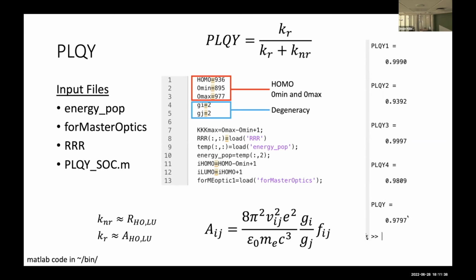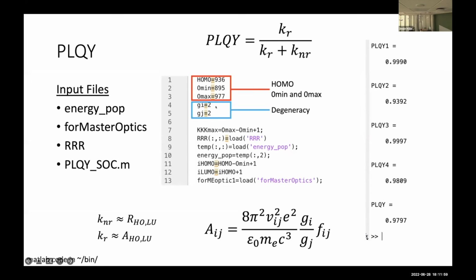And then if you run this, it will calculate the PLQY based on the Redfield tensor and the Einstein coefficient of spontaneous emission. The major thing you would have to change probably these first three.